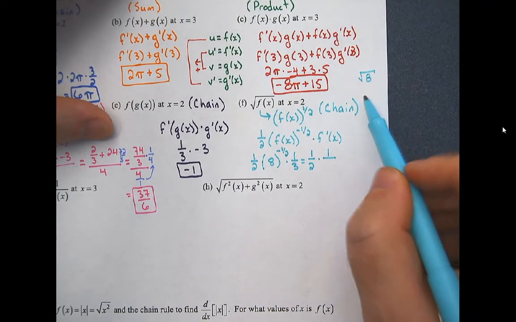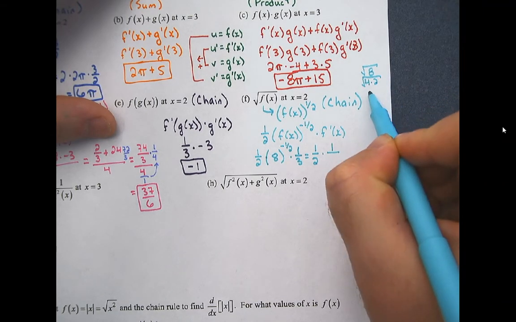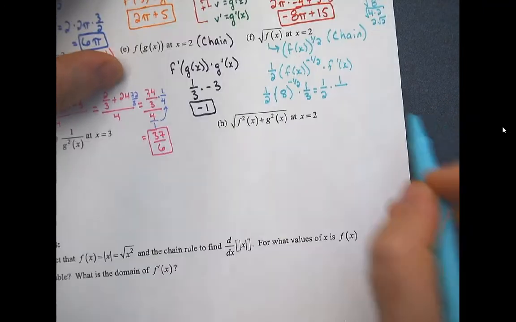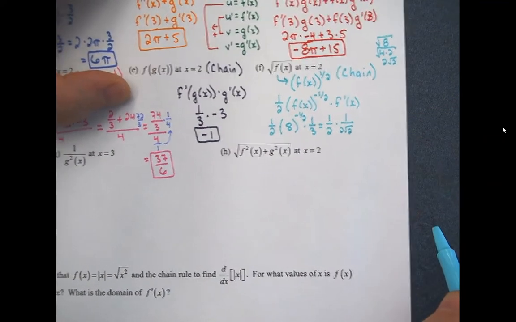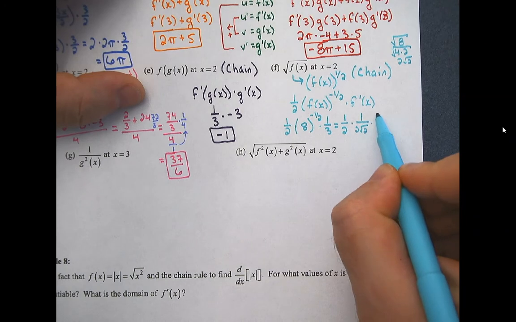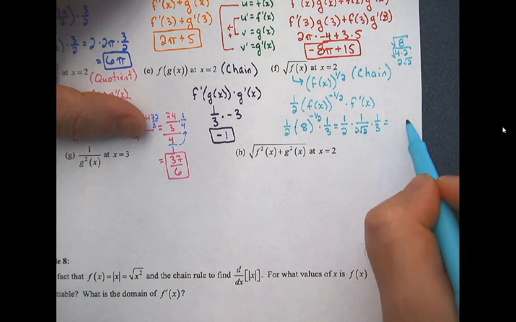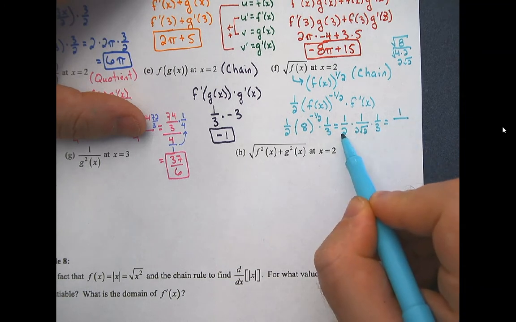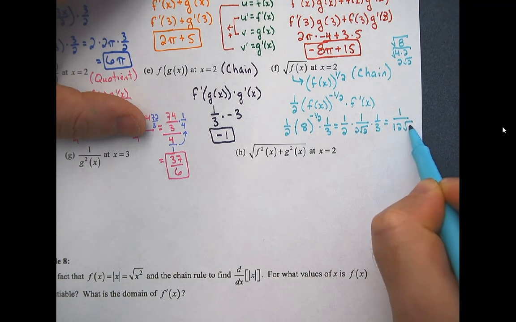Well, a perfect square of 4 goes into there, which means the 4 can escape and we get 2 roots of 2. So this ends up being 2 roots of 2 on the bottom times 1/3, which then we can put all of our coefficients together and get 1 over 2 times 2 is 4 times 3 is 12 square roots of 2.